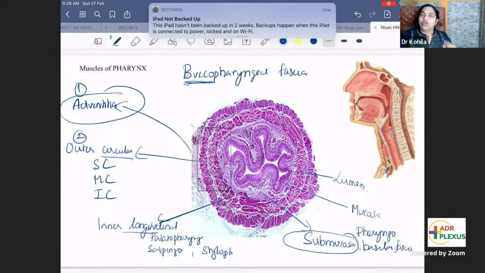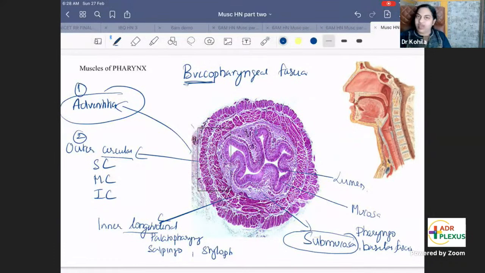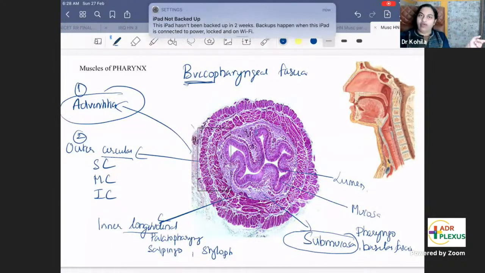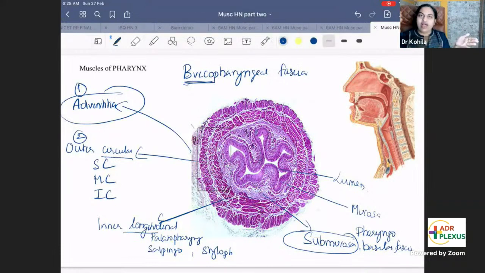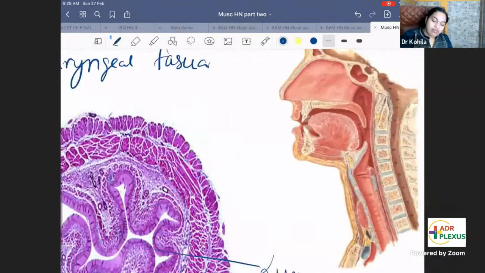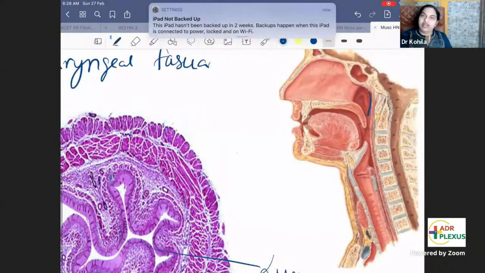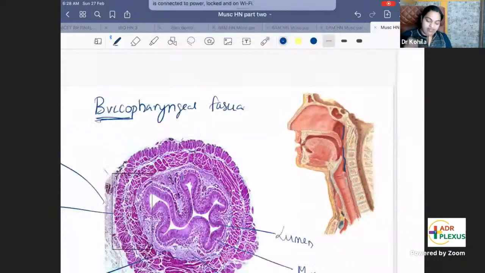So pharyngobasilar fascia is nothing but a thickening of the submucosa of the pharynx. You shouldn't confuse buccopharyngeal and pharyngobasilar. Buccopharyngeal is easy, it covers your buccinator, so it's on the outer aspect. Pharyngobasilar is from the base of the skull to the superior constrictor. And what about the mucosa? Mucosa of the nasopharynx is ciliated columnar respiratory epithelium. Of the oropharynx and laryngopharynx it is non-keratinized stratified squamous.